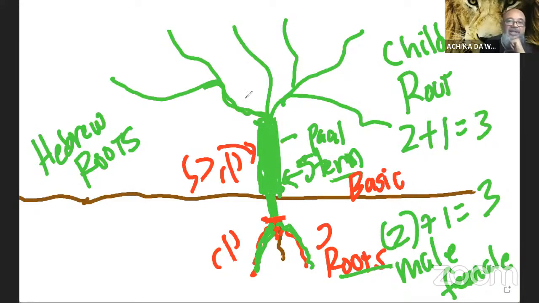But now I can take that very stem and I can say, there's things that are growing off of it. So what's growing off of this one? Remember, they're all of the same root, right? Remember I told you, what do they all have in common?